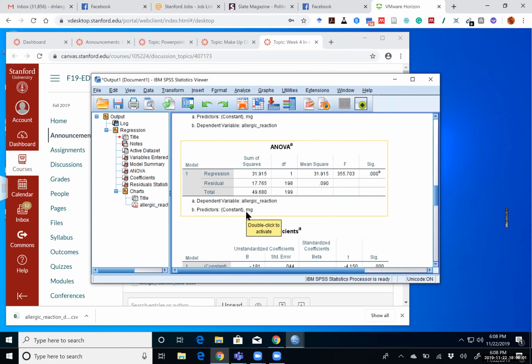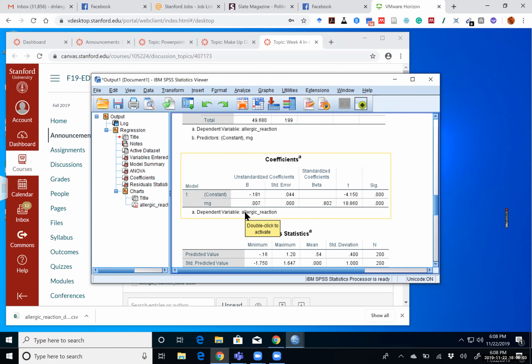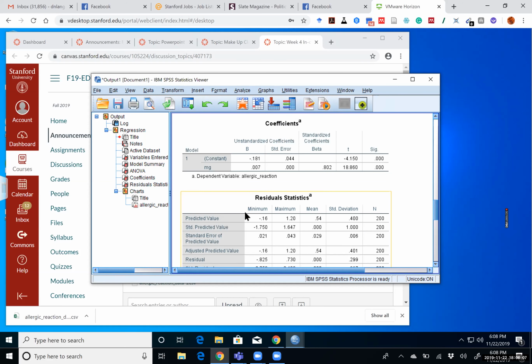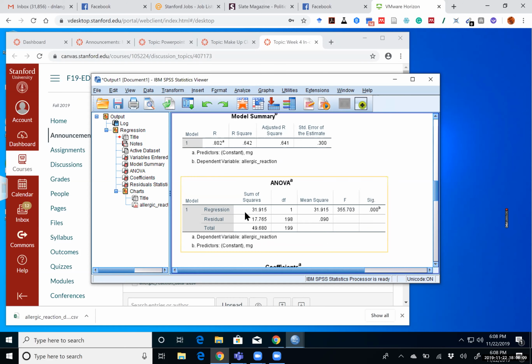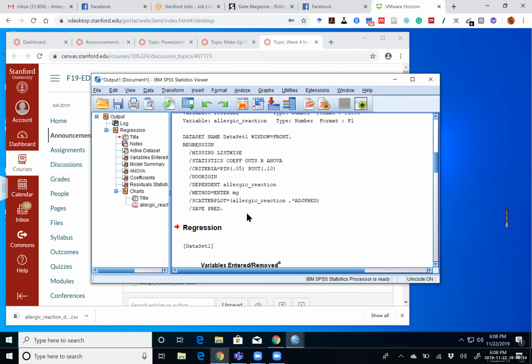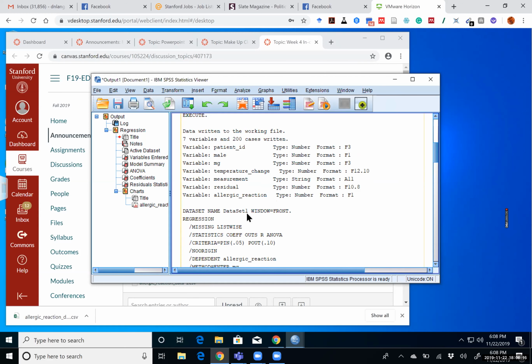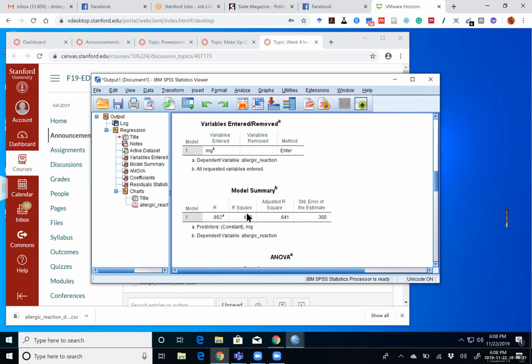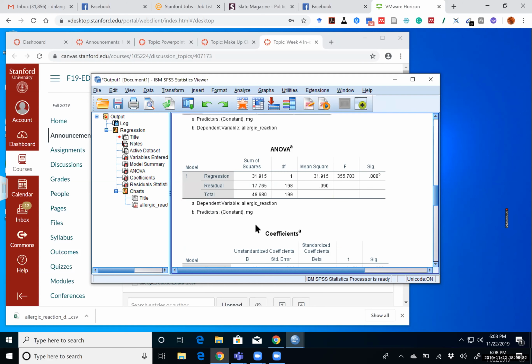Now, what we see is that there appears to be a very strong relationship between dosage and whether or not an individual is going to have an allergic reaction.